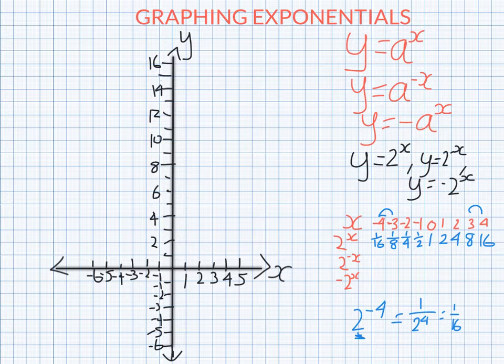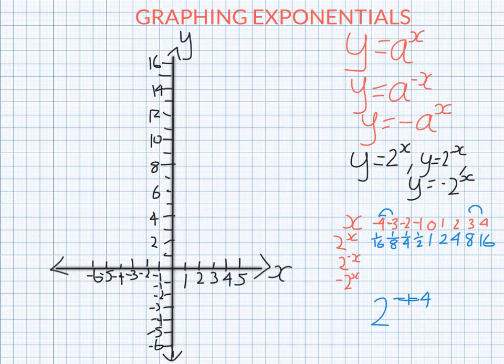So let's look at 2 to the power of minus x. If we substitute in x is minus 4 into it, so we have 2 to the power of minus x, change x, we're going to write minus 4 instead. Notice you now have two minuses, and they make a plus.